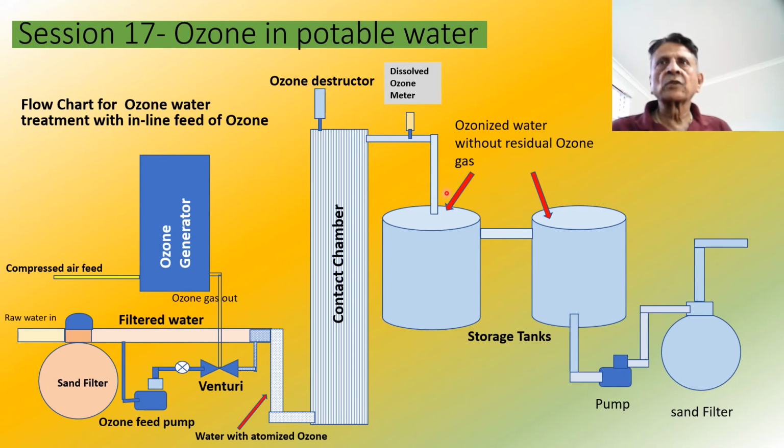So the ozonized water can be either taken straight for distribution, or in the case of factories, it might have a buffer tank from which the water can be pumped in, filtered, and used in the factory.